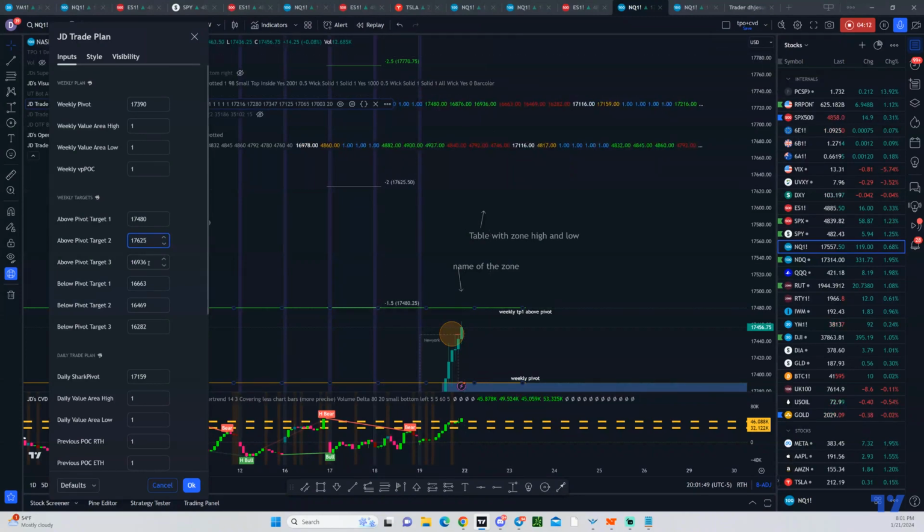Target number three would be 2.5%, 17,770. It doesn't look like much from here, but that's 250 points from there. I mean, that can potentially happen in one day.